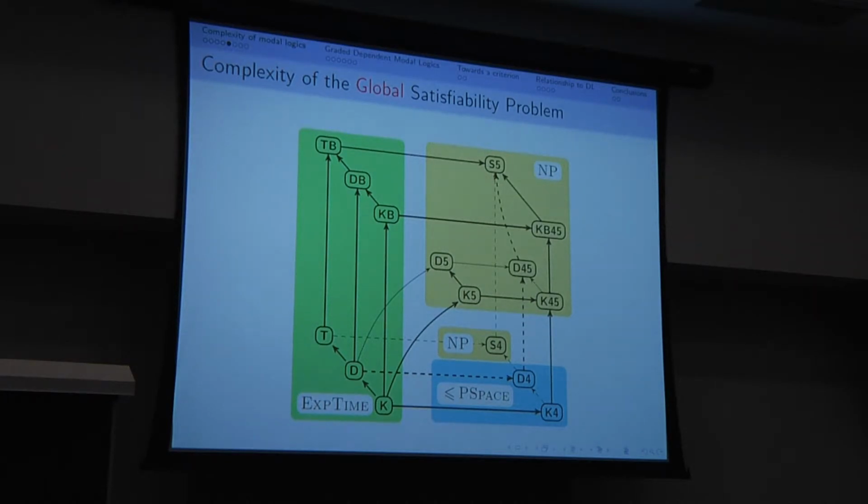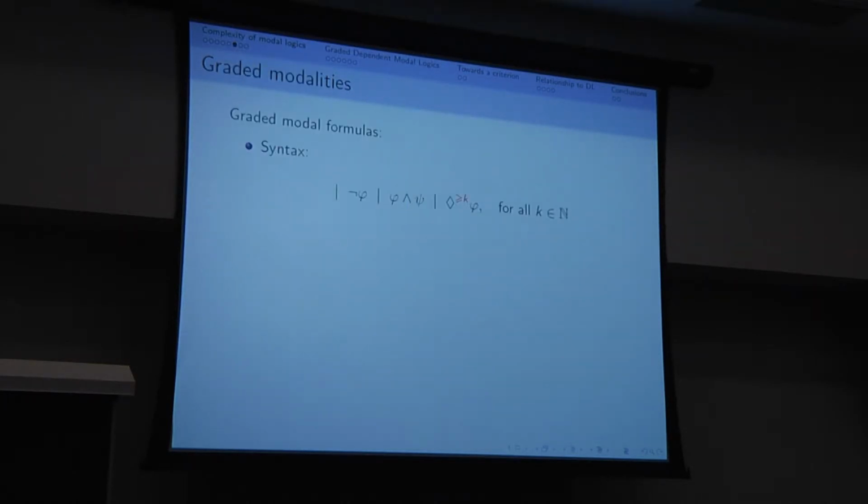Okay, now let's extend our language. Sorry, P disappeared here. Instead of one diamond, we consider a series of diamonds, greater or equal than k, for all natural numbers k. These are called graded modalities.